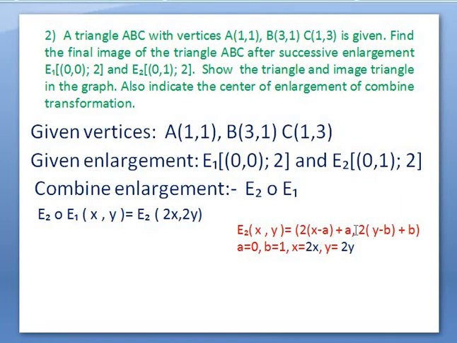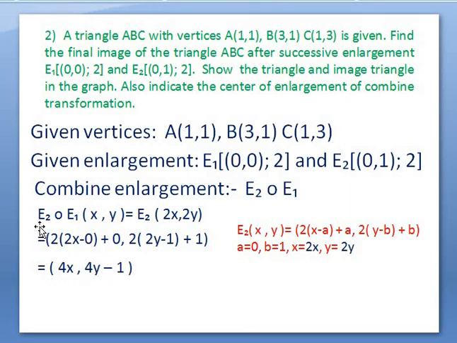We have already written 2 here, and x is replaced by 2x and y is replaced by 2y. When replaced, we get this form, and on simplification we get (4x, 4y minus 1). This is the final image under the combined enlargement E2∘E1.